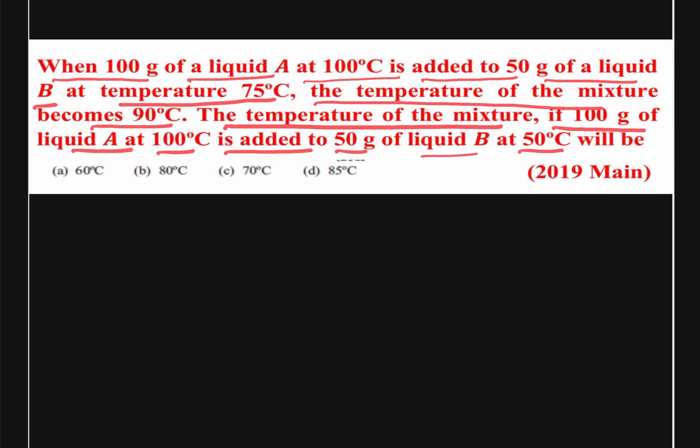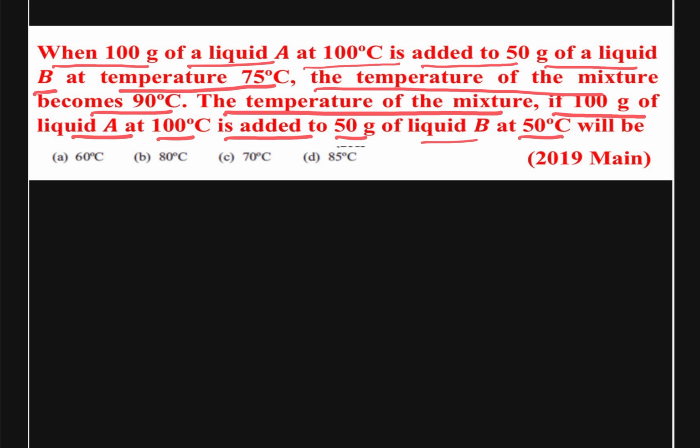Okay. So in this case, let us say that the specific heat of A and B is SA and SB. Rest is quite simple because it is based entirely on only one equation.